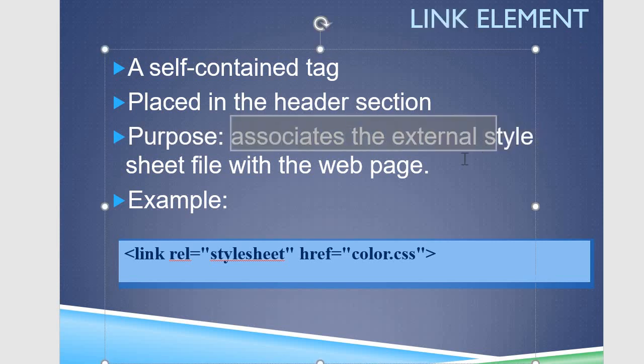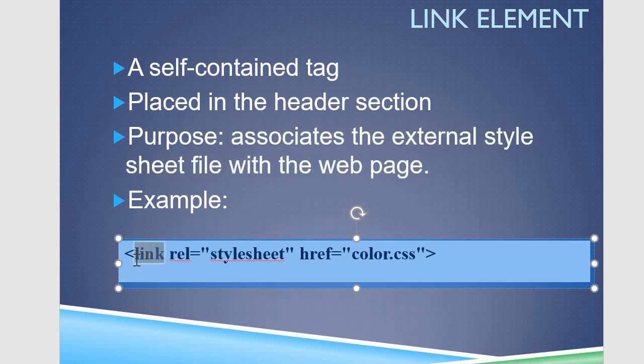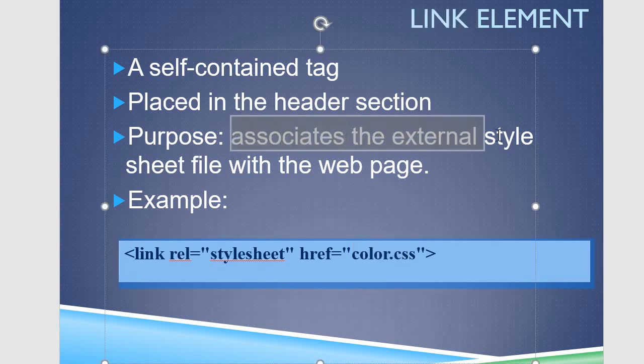It associates the external style sheet file with the web page. You can see here, link, rel, what is that? Style sheet. href, what is the name of that style sheet? color.css. So the main purpose of this link element is to associate the external style sheet file with the web page. So it is placed in the head section.